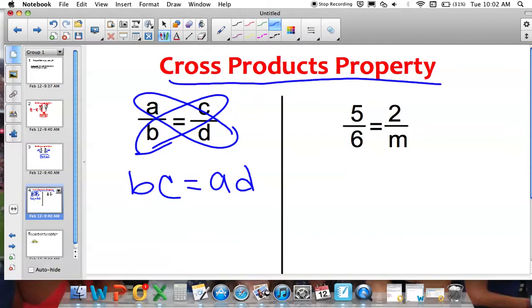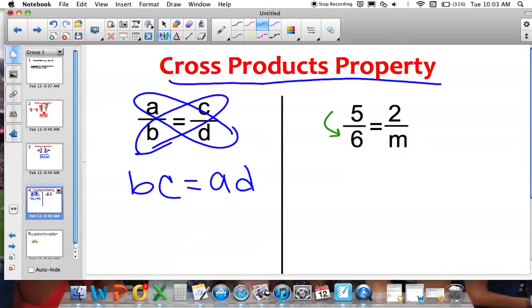Now let me do an example so that it's a little bit more clear. Here's this proportion that's already set up for us. We have 5 over 6 is equal to 2 over m. Now, I don't see a really clear relationship between 5 and 6.